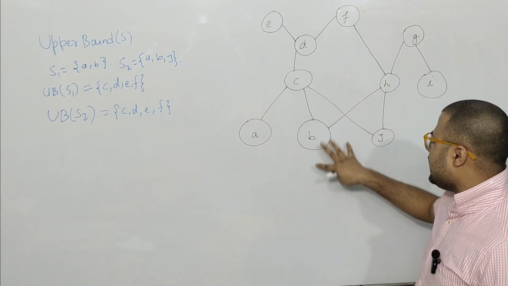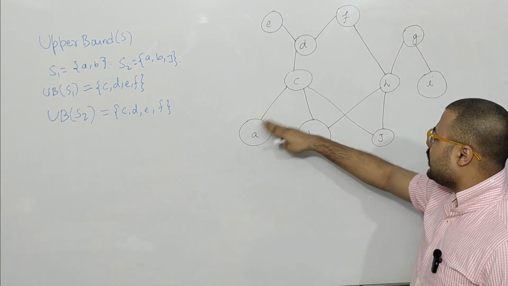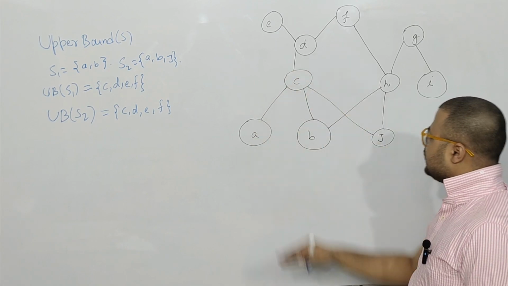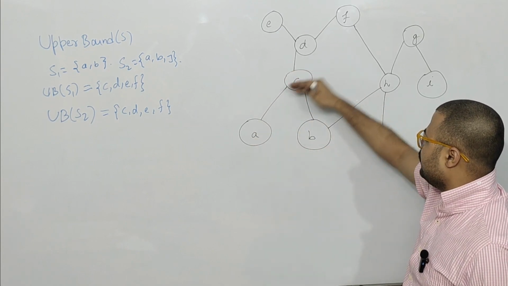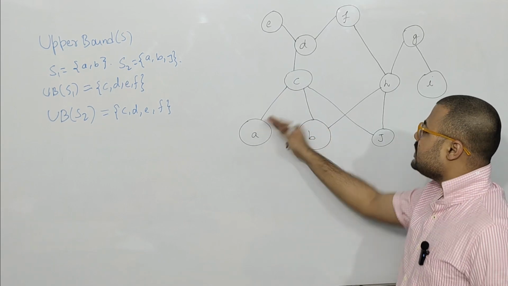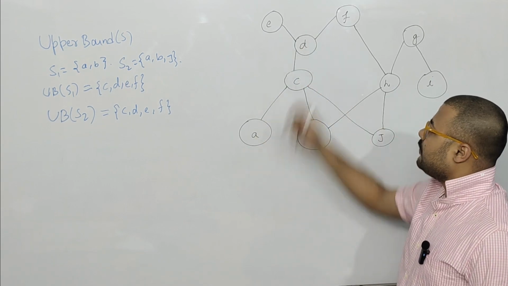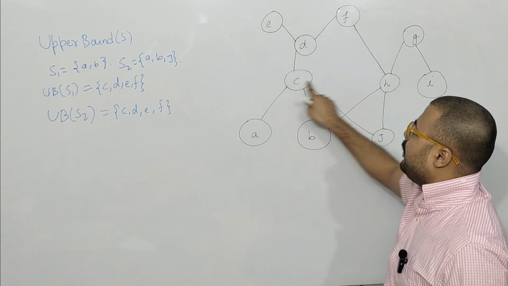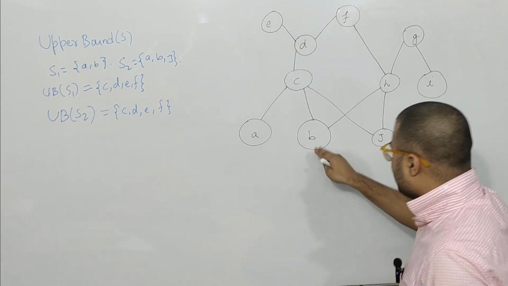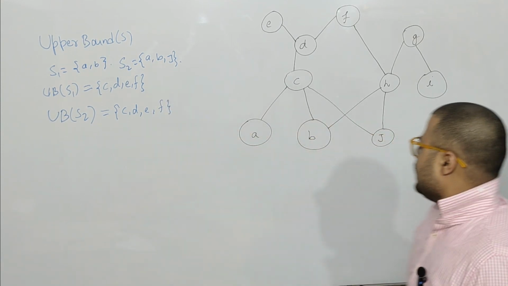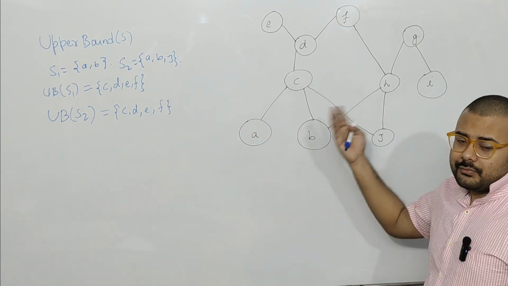Now, look at B. Because from A there is only one direction to the upper path, that is covered. Look at B now; you don't have to check two steps above A, because that will be covered in the upper path of C only. What is one step above B?